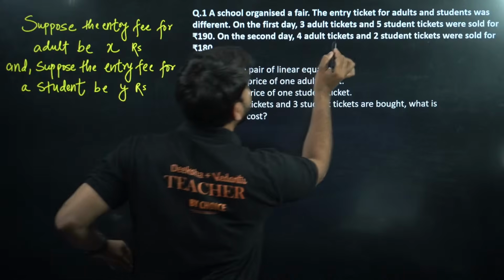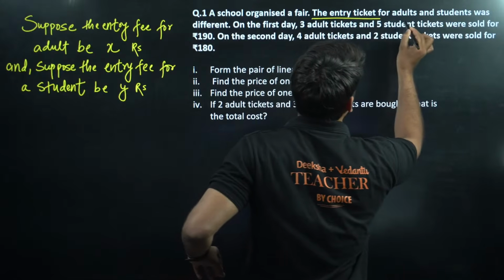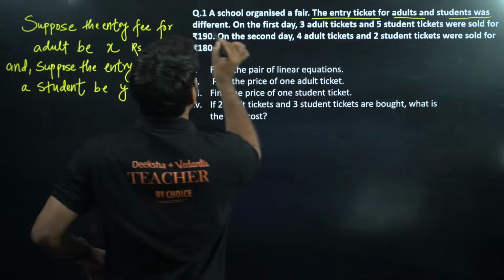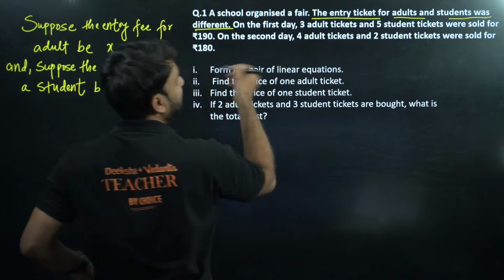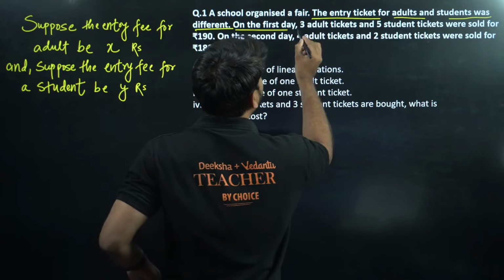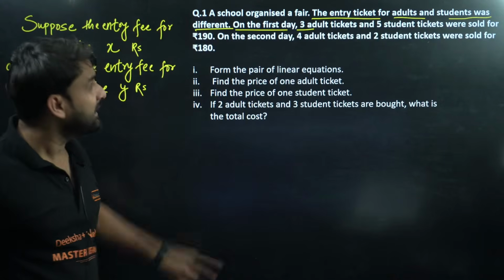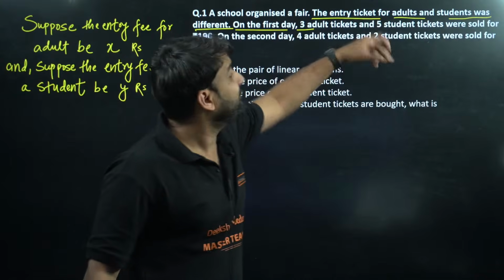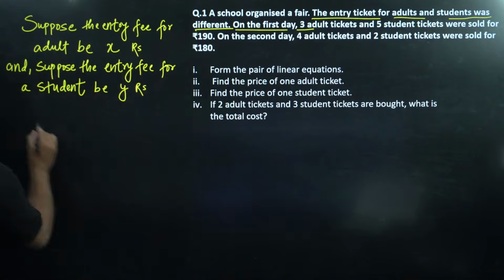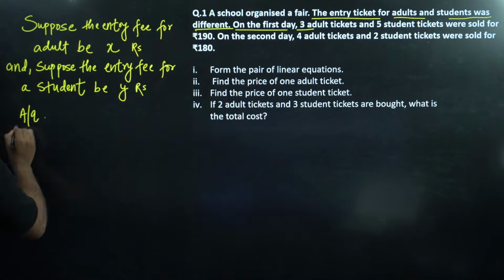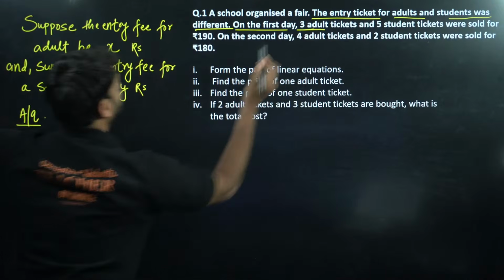Now read the first statement. The entry tickets for adults and students were different. So we have supposed X and Y. On the first day, 3 adults. How many adults took entry on the first day? 3 adults and 5 students. So for 3 adults, what is the charge?